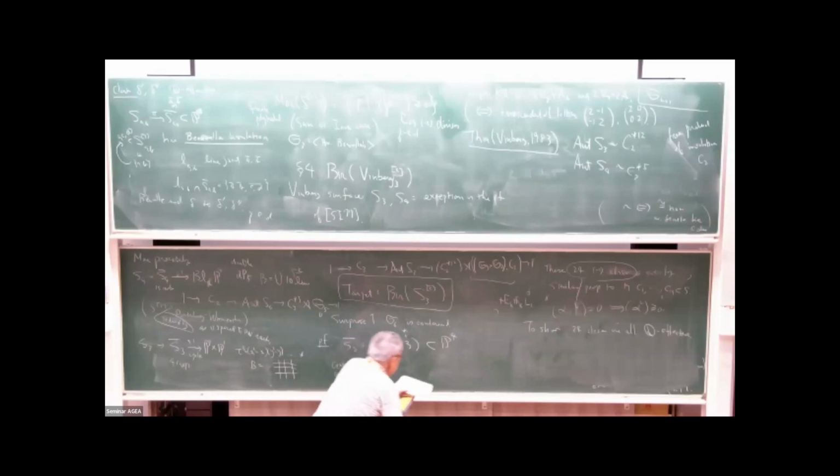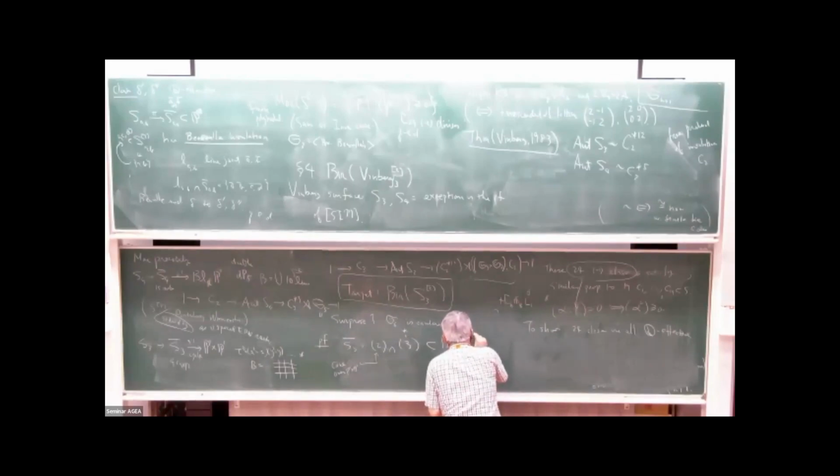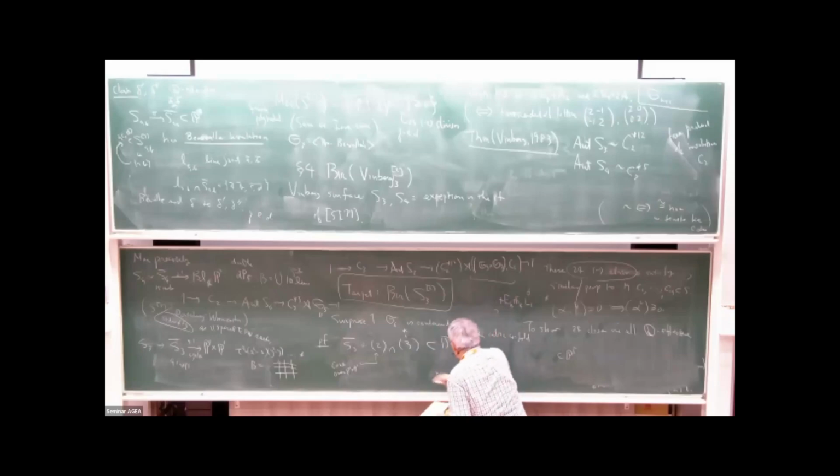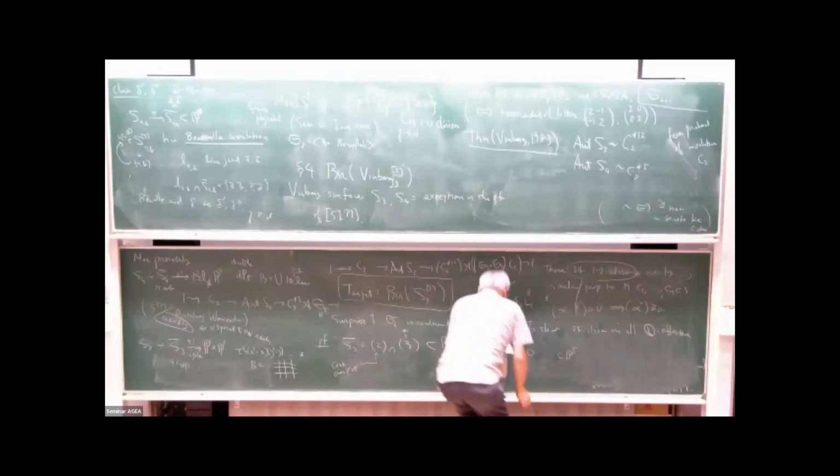And as I explained yesterday, in such a situation, you can consider a nodal cubic fourfold, I'm sorry, nodal is not good, singular, inside of P5 by adding a new variable x naught, and this quadratic equation and cubic equation is 0.